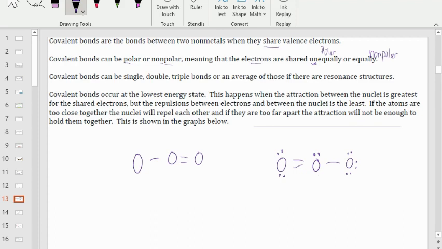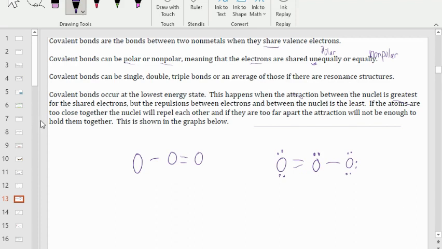All right. Covalent bonds occur at the lowest energy state. This is going to happen when the attraction between the nuclei and the shared electrons is greatest, but the repulsion between the electrons, remember, the electrons want to push away from one another, is the least.